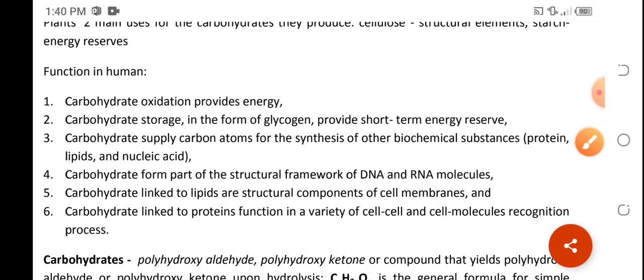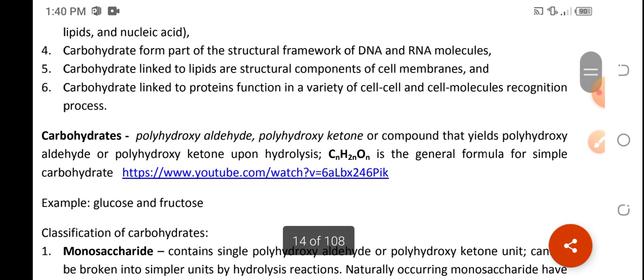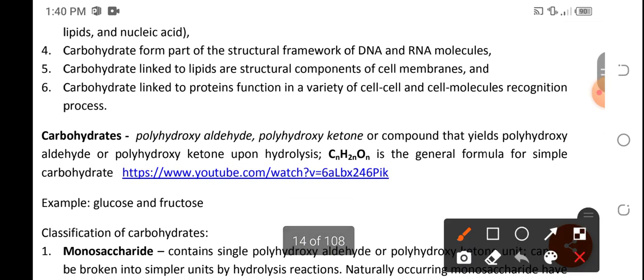Okay? So by definition, carbohydrates is a polyhydroxy. Okay, kaya nag-review or nag-recall tayo ng mga organic molecules because we have to have a stable or a wide understanding kung ano tong mga terms na to.